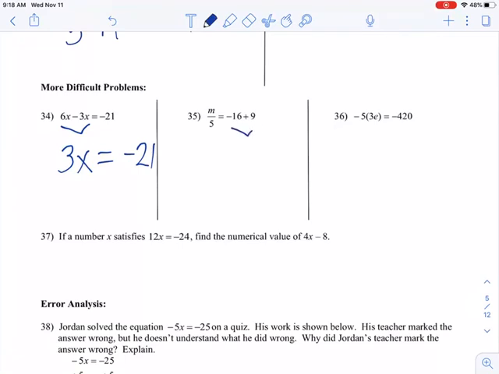Okay, this one, you could combine your -16 and 9 and get -7. You still have your m divided by 5 on the left, and then you would multiply by 5 on both sides. And in 36, you can multiply these because you can multiply things that are not alike. So you get -15 times e equals -420. You would divide by -15 on both sides.